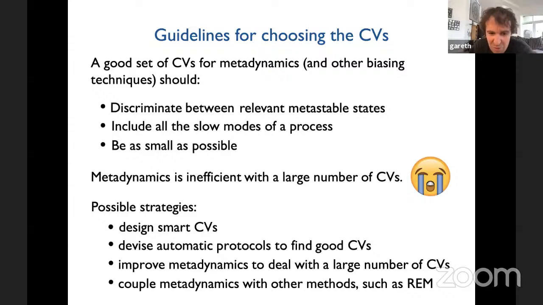There are efforts to improve metadynamics to deal with larger numbers of CVs. And then a trick that's very popular is coupling metadynamics with methods like replica exchange. So you do parallel tempering and you've got metadynamics running at the same time.